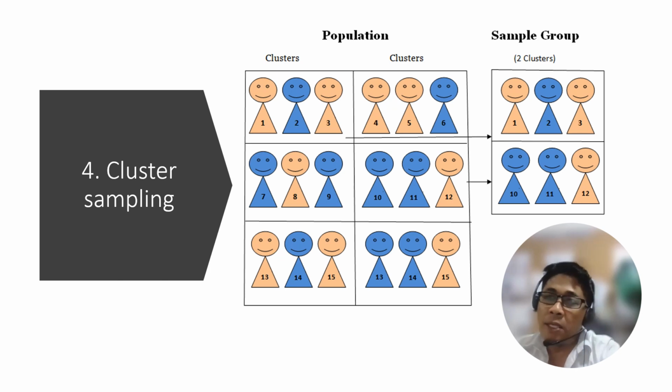If it is practically possible, you might include every individual from each sampled cluster. If the clusters themselves are large, you can also sample individuals from within them using one of the techniques. So this method is good for dealing with large and dispersed populations, but there is more risk of error in the sample as there could be a substantial difference between clusters. It's difficult to guarantee that the sampled clusters are representative of the whole population.